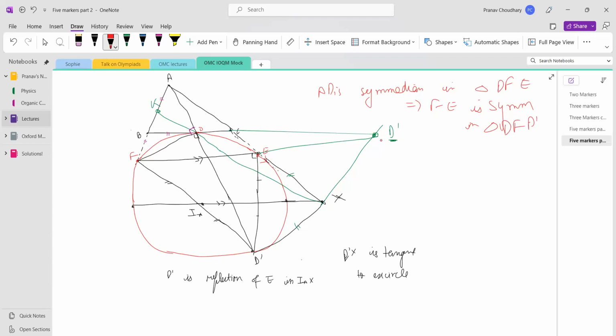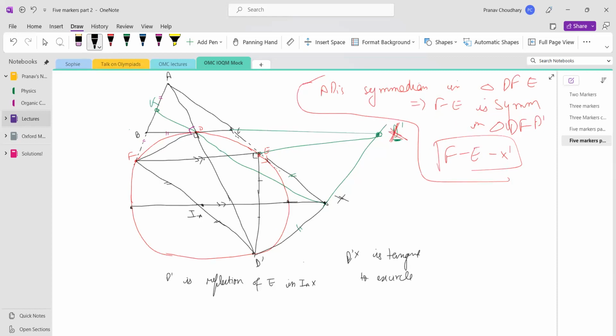And since this point should be, let's say, some X dash, and X dash is the intersection of the tangents at D and D dash, FX dash is also a symmedian, which means F, E, X dash are collinear. For this proof, you should definitely know the properties of symmedian. I don't think that's very important for IOQM, so please do not do that in the last of IOQM.